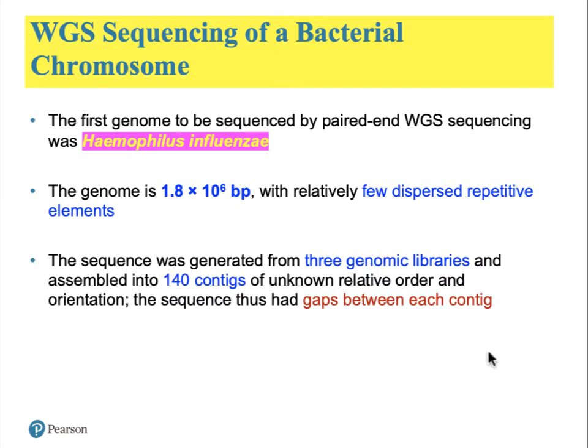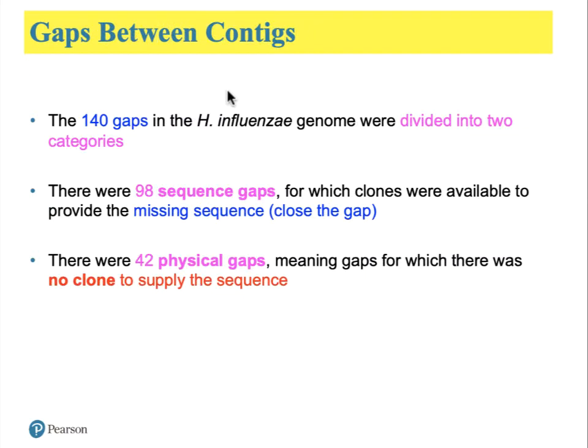The sequence data was obtained by fragmenting the bacterial chromosome into 3 genomic libraries that consisted of 140 contigs, and the computer was able to put them together, and very few gaps were left at the time, which have now since been completed.